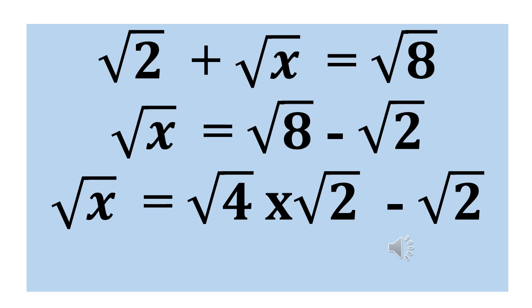Then square root of x equals square root of 4 times square root of 2. That is, we simplified square root of 8 further to square root of 4 times square root of 2, which will give us square root of 8, then minus square root of 2.